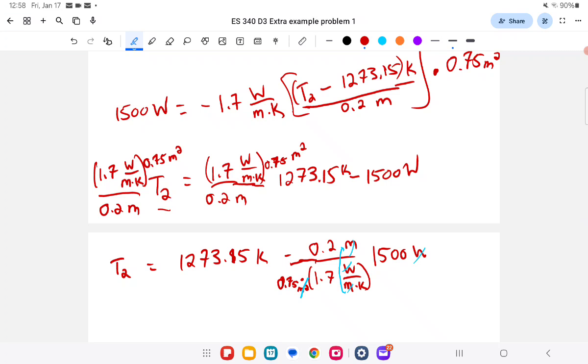So we need to do 1273.15 minus 0.2 divided by 0.75 times 1.7. And that's all multiplying 1500.